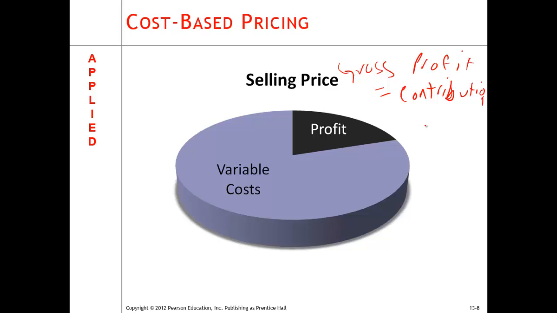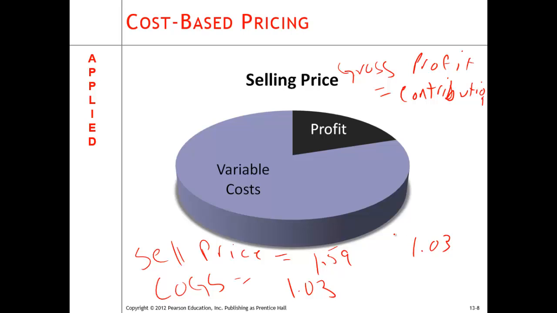Let's just say we have the following example, where the selling price is equal to $1.59 and the cost of goods sold, or variable cost, is equal to $1.03. We can calculate our contribution by subtracting our variable costs from our price, which gives us a contribution of 56 cents.